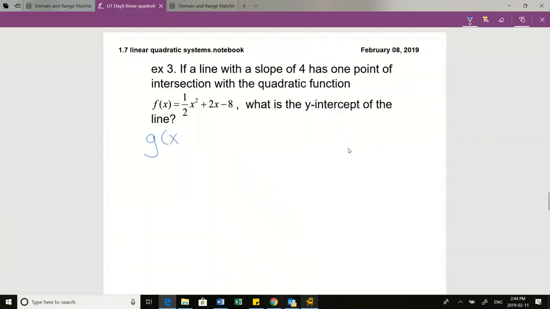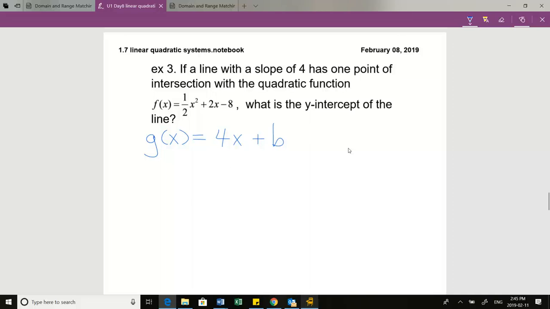This is what we know about the line. We have 4x plus some kind of b. So I'm using the equation mx plus b. So all I know right now is that we have a slope of 4. I also know that it intersects once with my quadratic. So maybe it's a tangent or maybe it cuts through the middle vertically or whatever.